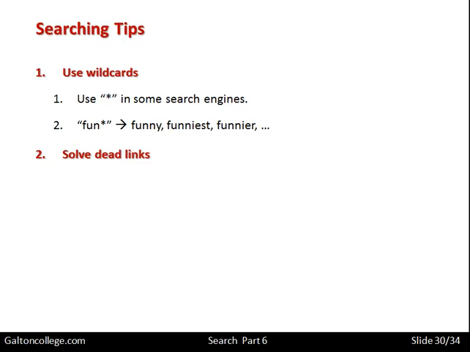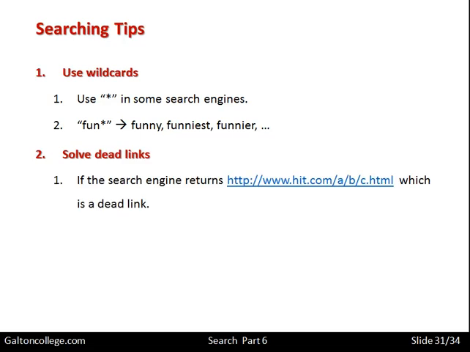We need to solve dead links. If the search engine returns something like that, which is a dead link, it doesn't go anywhere. But we want to access the site, but it's just that we're not getting a response from that. It's a dead link. Then we could knock off the last bit, knock off the C. Now try it again and see what we get with A and B. We have got a filter here, A, and we've got a second filter, B. Now that may bring up something.